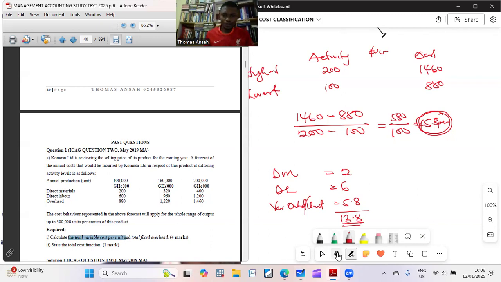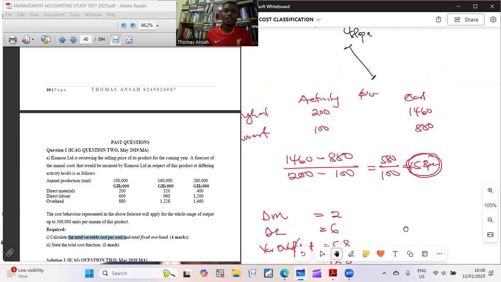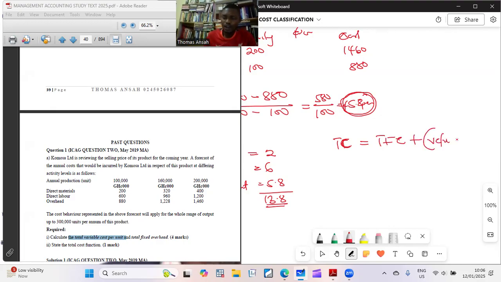But what about the fixed cost? Of course, when we use this high-low, you can get your fixed cost easily. How do we do that? We said total cost is given by the total fixed cost plus, in brackets, variable cost per unit multiplied by activity level.